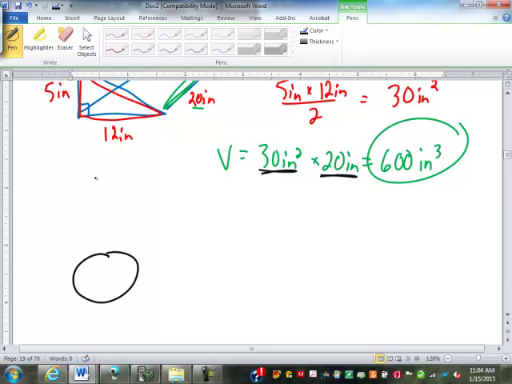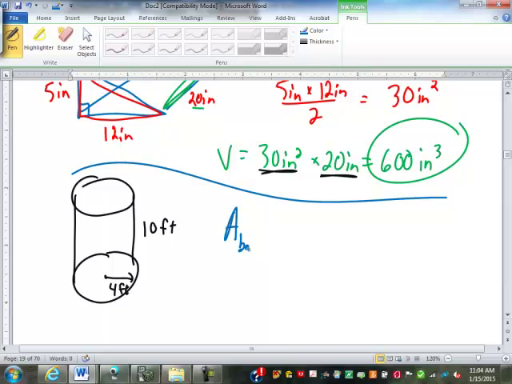Or, pretend those circles are approximately the same size. A cylinder. The volume is just the area of the base times the height. Well, the base on this is a circle.